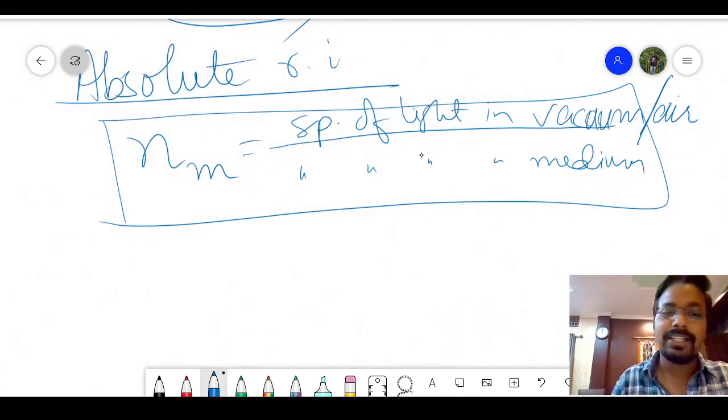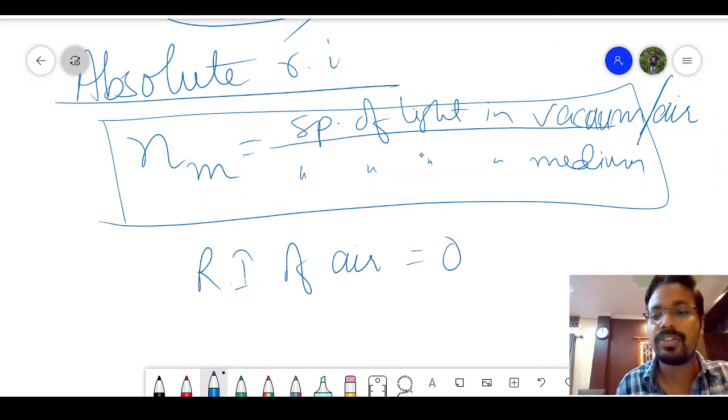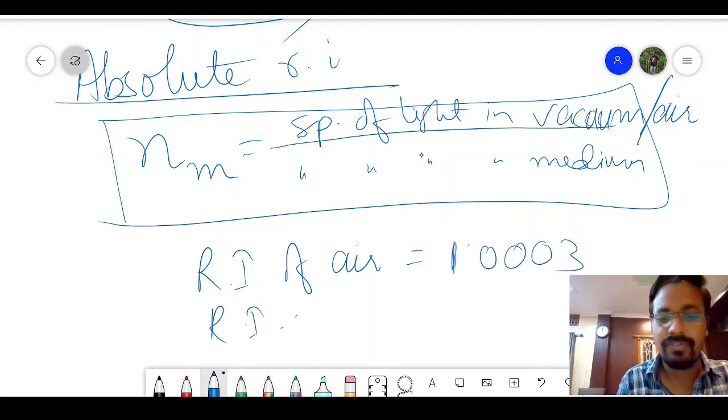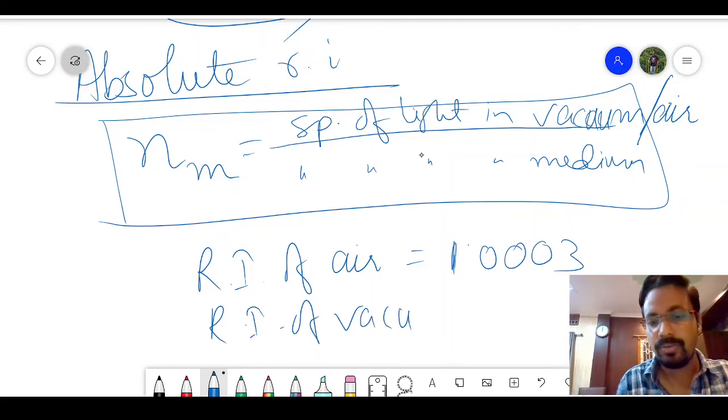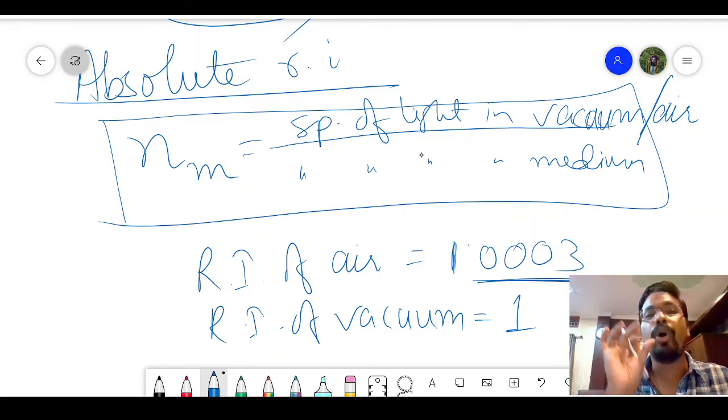You will see the refractive index of air is given as, not 0, 1.0003. And what is the refractive index of vacuum? As I said a few minutes back, it is 1. Refractive index of vacuum is 1, refractive index of air is 1.0003. This part is so small that it is almost taken as insignificant.